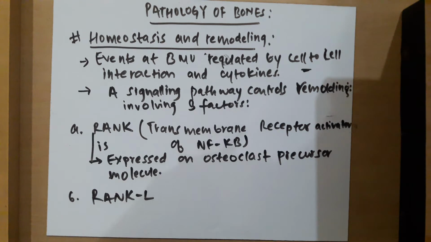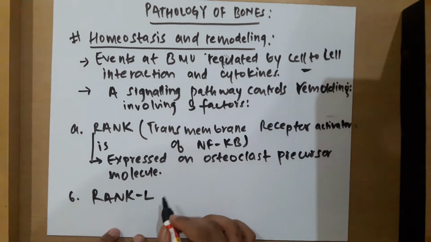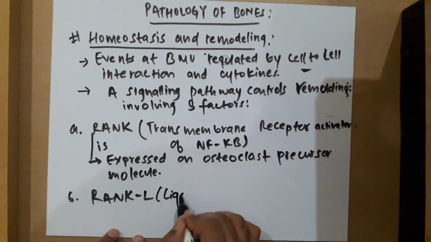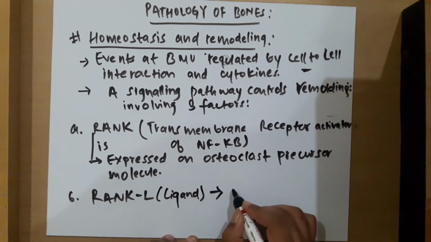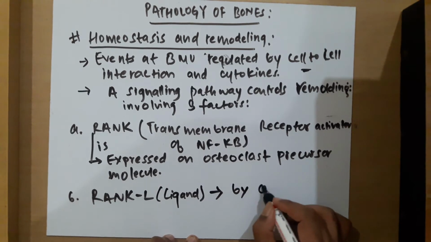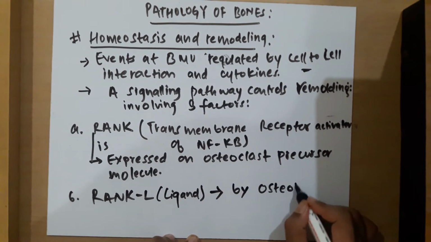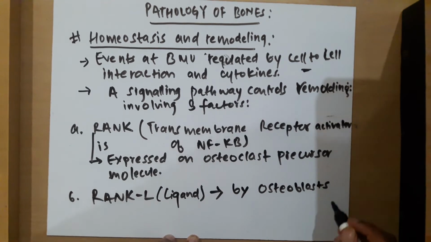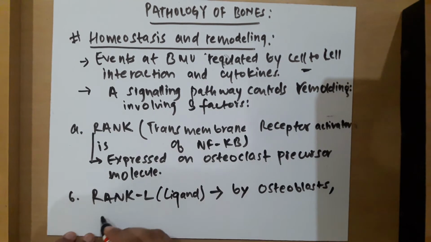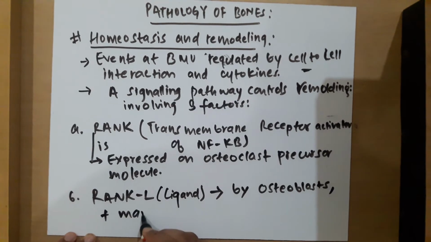Okay, so RANK ligand. This is expressed by osteoblasts and marrow-stromal cells.